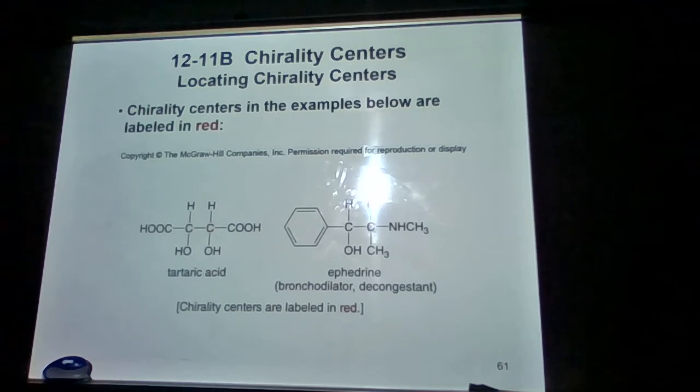And it turns out that chirality centers have levels of activity that are important in biological systems. Ephedrine, or its isomer, pseudoephedrine, is a bronchodilator. It opens up, it dilates, it makes it bigger, the blood vessels surrounding the heart. So the pressure for pumping the blood, i.e. the blood pressure, is lowered.